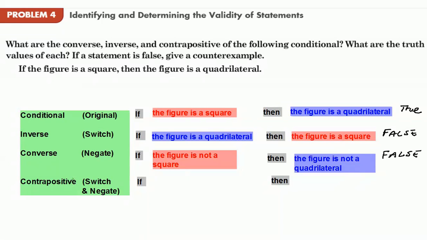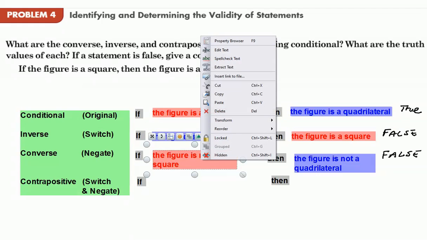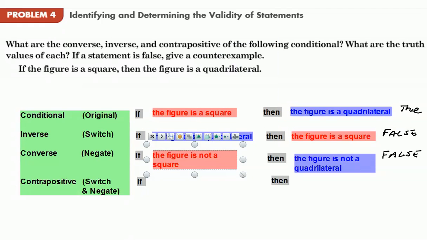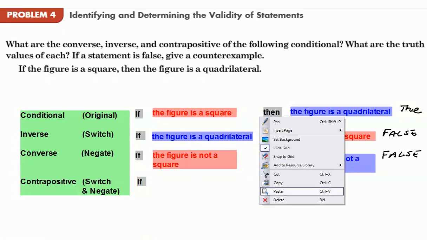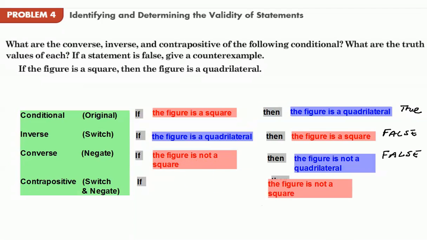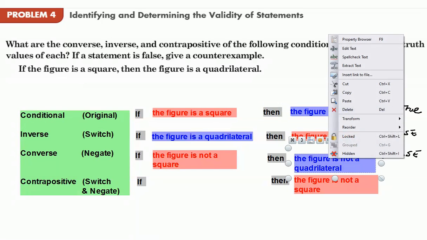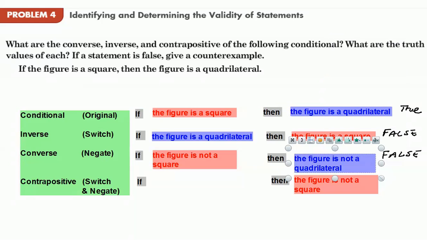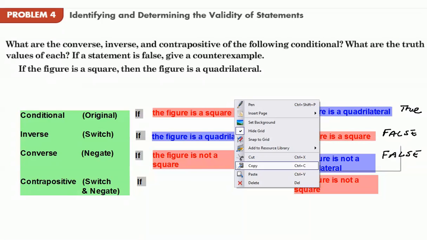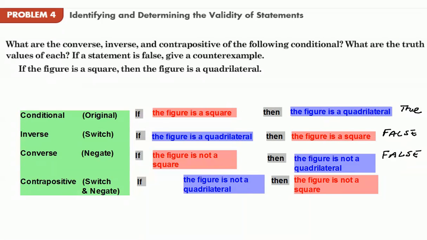Alright, the last one. We need to switch and negate them. Okay? So that means that we need to switch this statement and we need to place it as a conclusion. So that's going to go right here. We take our conclusion, negate it, so I'm just going to take the one that says the converse, and I'm going to put that one in the front.